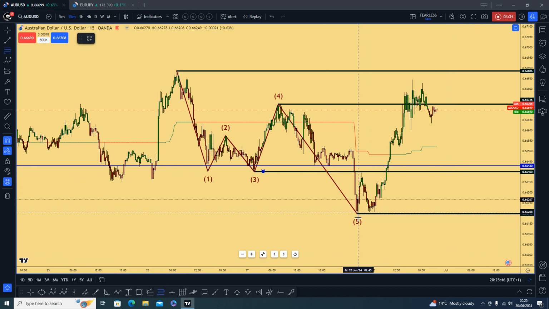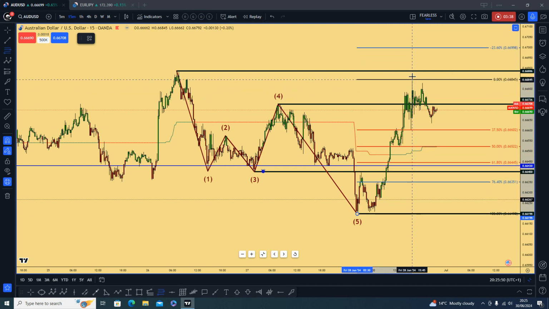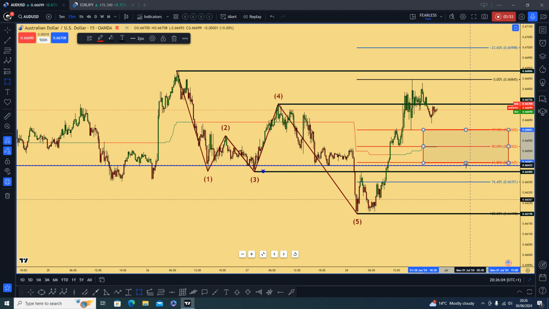So how do we play this? We can draw the Fibonacci from the low to the high. Looking to buy, and you can see the buy point is 66.43, so very close below. It's actually outside the buy zone. This is the buy zone here. So it's a few pips away from the buy zone. So this is a more high probability area of buying.